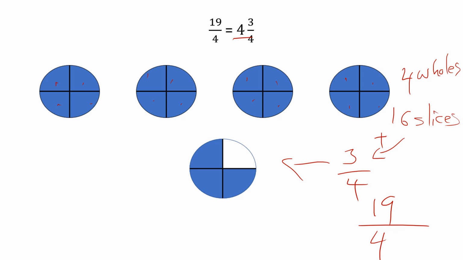So that's what we're getting at when we're converting a mixed number to an improper fraction. If we were to take these whole numbers and break them up into fractions, how many pieces would we have if each of those whole numbers was broken into fractions?